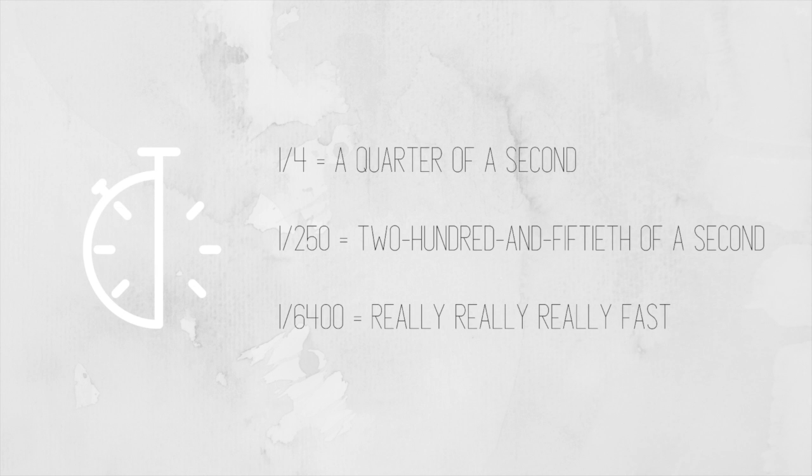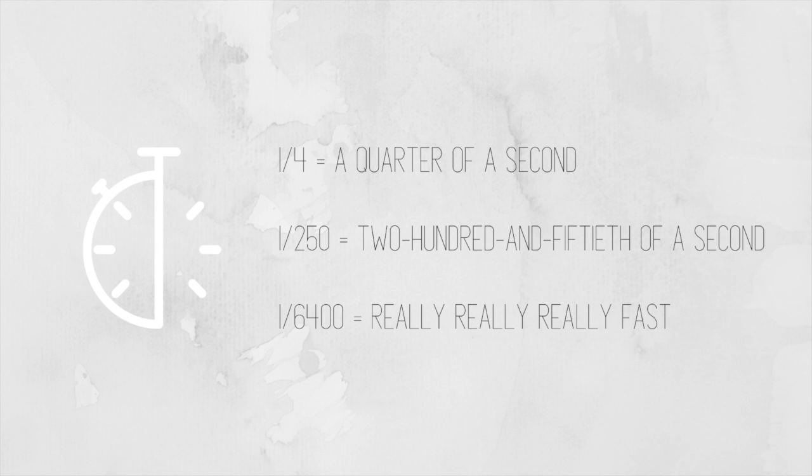So we're going to focus on fractions of a second. For example, 1/4 equals 1/4 of a second, while 1/250 means 1/250th of a second, or 4 milliseconds, and 1/6400th of a second means, well, it's just really fast. That would be for a super bright day.